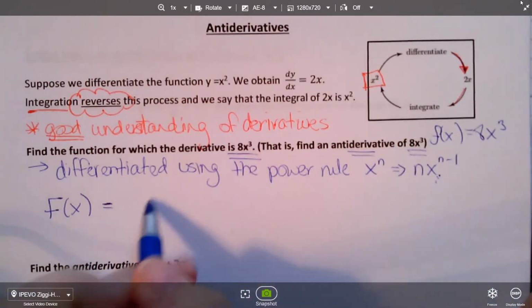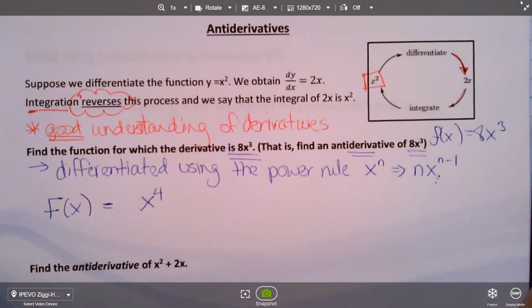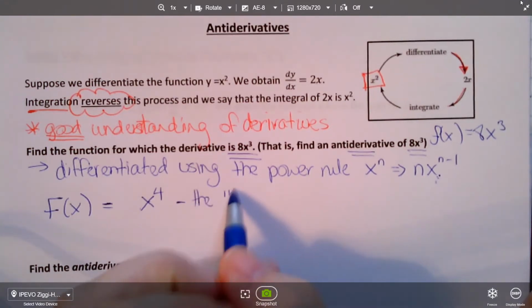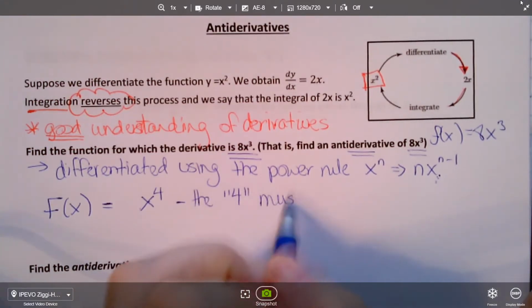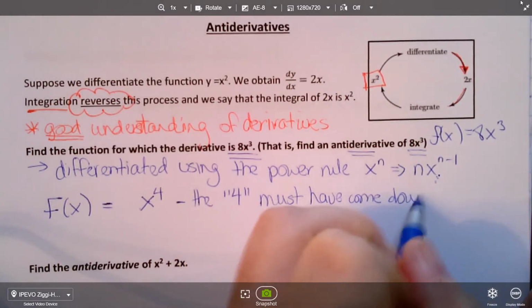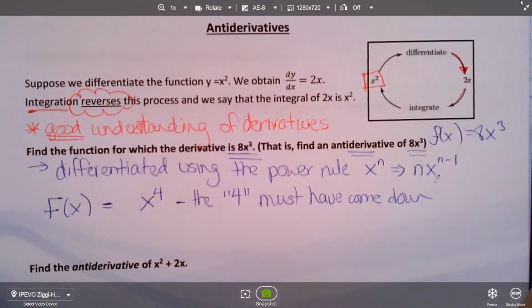So my power must have been 4 to begin with. So I know the 4 must have come down. All right, so it looks like I took the derivative of x to the 4.